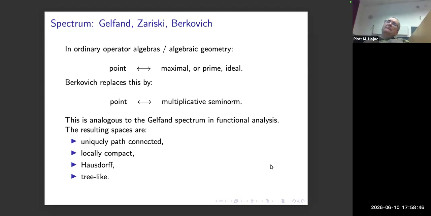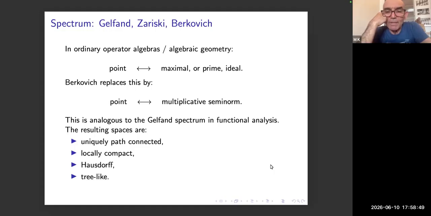So this is like a Gelfand spectrum in functional analysis. When you do this to your p-adic spaces, the resulting spaces become uniquely path connected. They become locally compact, which they weren't before. They become Hausdorff. But amazingly, they acquire a tree-like structure, and I said tree-like, but it's more than a tree.